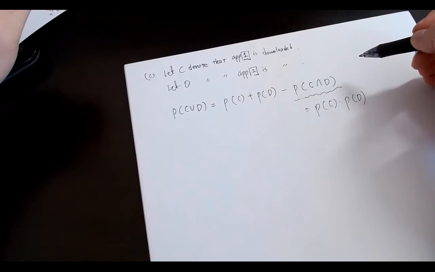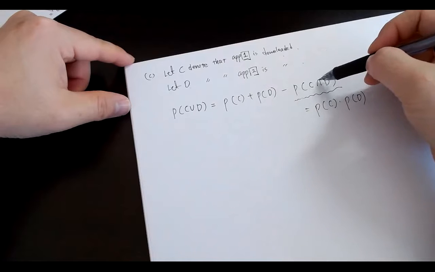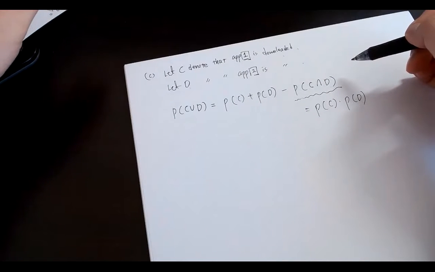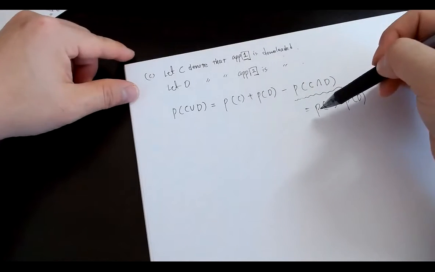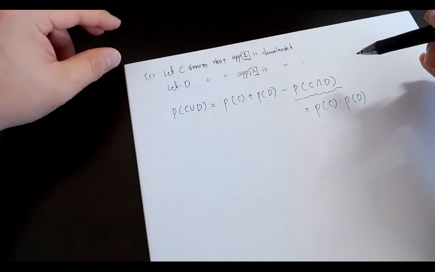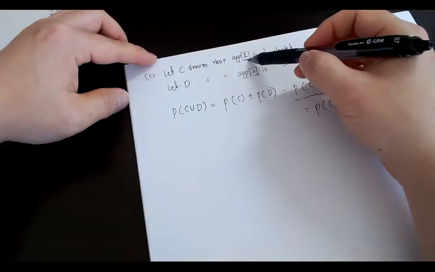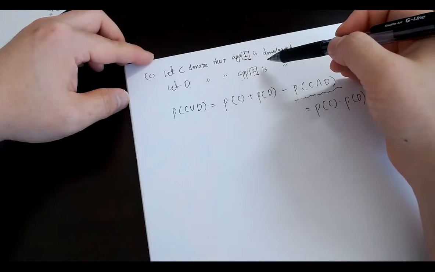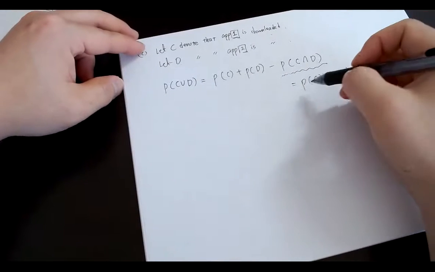Assuming you select more than two apps, the probability that you select app 1 and app 2 is just P of C times P of D, because the probability you select app 1 will not be impacted by selecting app 2, and vice versa.